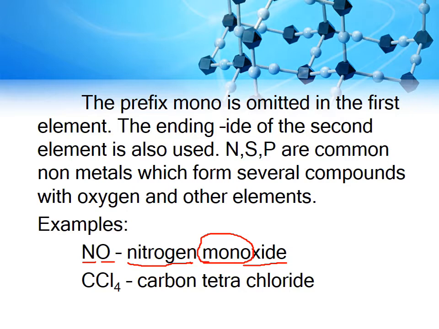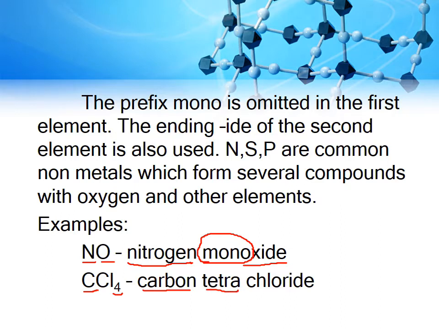Another example for this compound, we have CCl4. Here, we only have one atom of carbon. Thus, we will not use the prefix mono for the first element, and we have its name carbon. For the second nonmetal, notice that we have four atoms of chlorine.